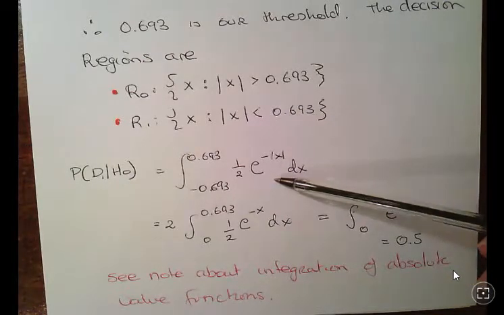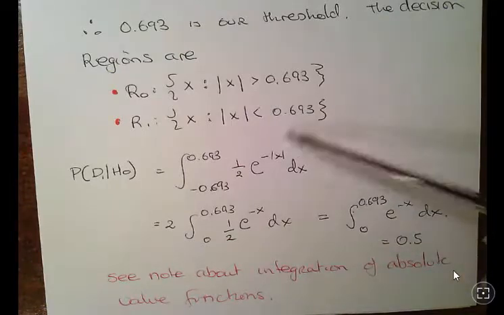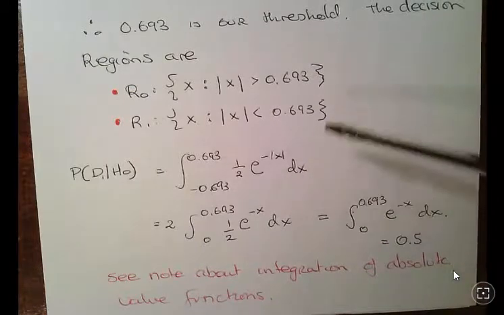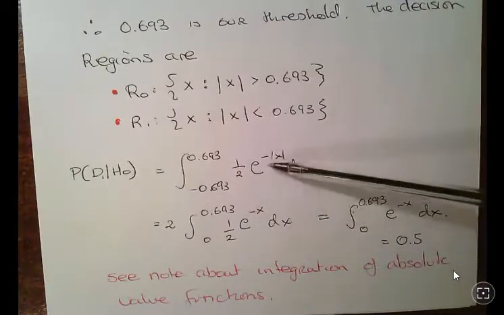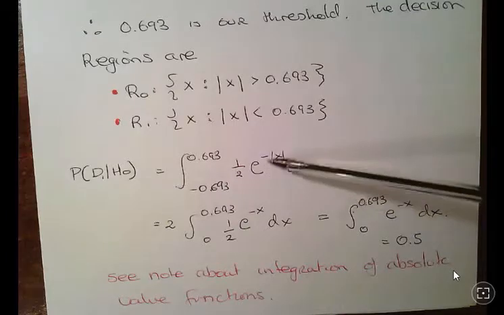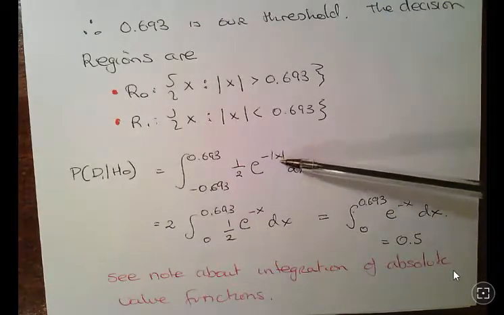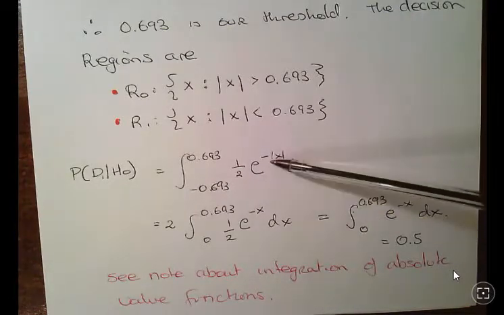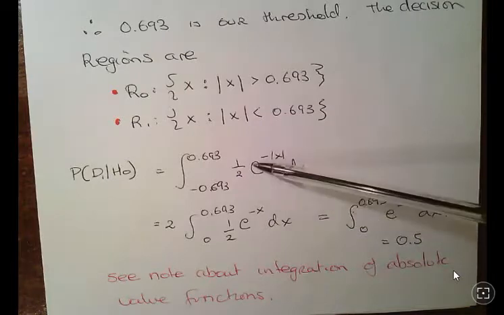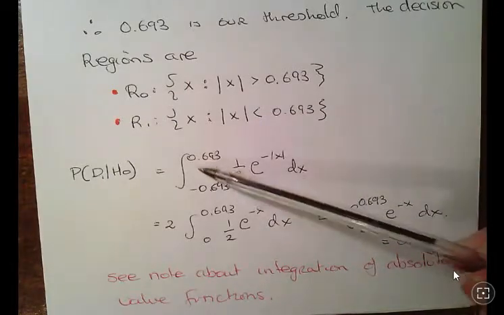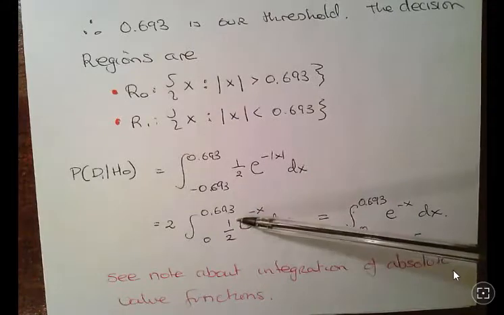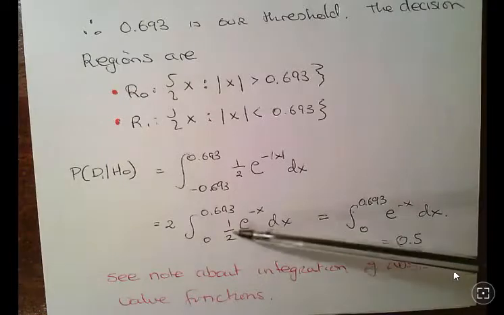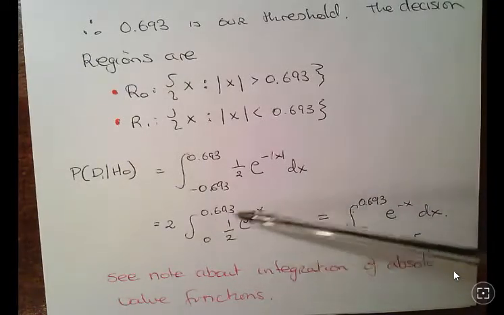For the probability of D1 given H0 within the R1 region, it is the integral of a half of e to the minus absolute value of x. This is where knowledge of how to integrate absolute value functions comes in useful. This expression is equal to 2 times the integral of 1/2 of e to the minus x from 0 to 0.693.